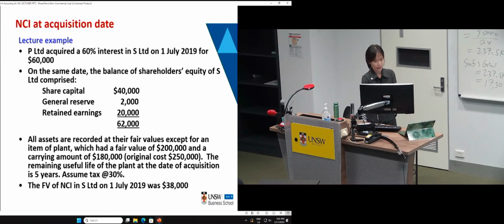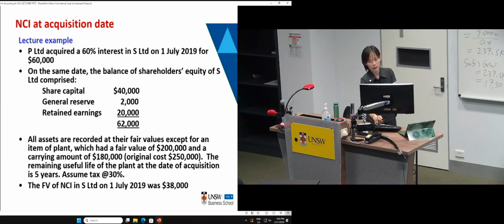All right, now let's look at this example. We start with parent company, P Limited, which acquired a 60% interest in S Limited. So there's a parent-sub relationship between these two entities. The remaining 40% shares in S Limited is known as NCI, right? Acquisition date is 1st July 19, and P Limited paid $60,000 in the acquisition.